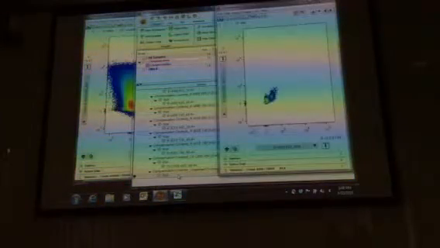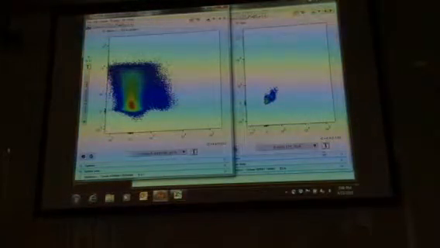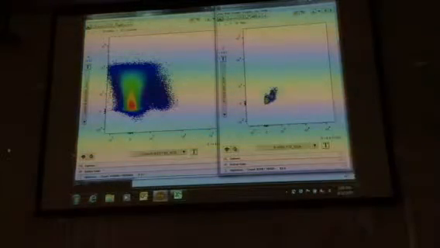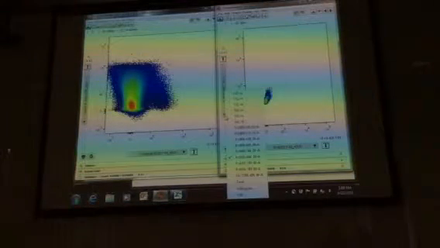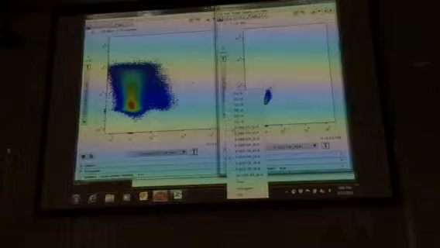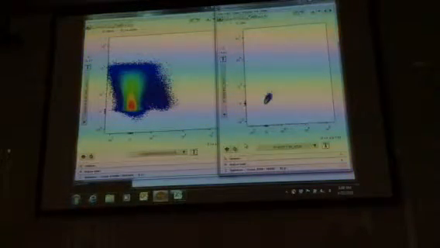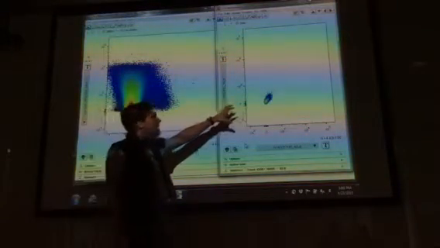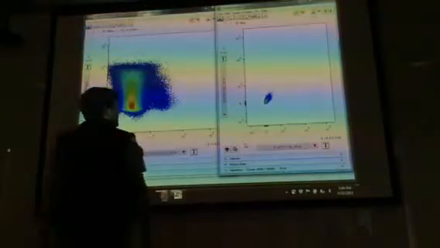So let's go back here to the unstained, looking at the particular label, which is the 488. So here, this is the unstained control. The question is then, where do you draw that gate?